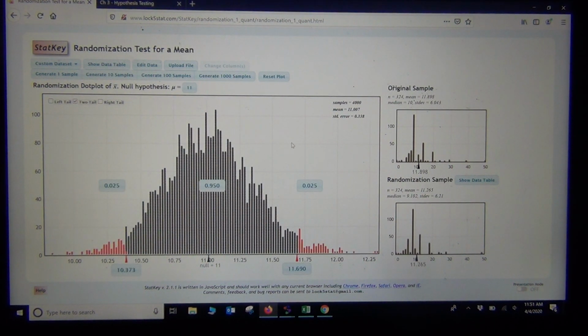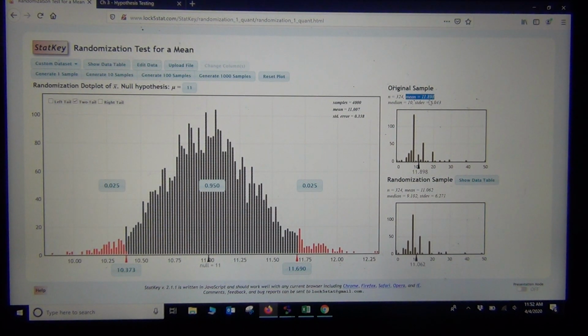Now, normally if this was a z-score or a t-distribution curve, these numbers down here would be the critical values, right? But they're not. These are actually dollars now. These are numbers that are meant for you to compare your original sample mean to. So they said anything bigger than $11.69 would have been considered significant. Anything lower than about $10.37 would have been significant.